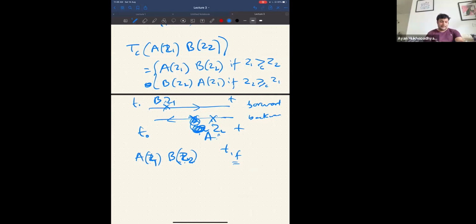Yeah, because I'm inserting A in the backward part, and this always appears later in the contour, so B appears earlier. So first B operates and then A operates. So this is tau2 and this is tau1. So A is appearing later in the contour compared to B. That's what is happening here.